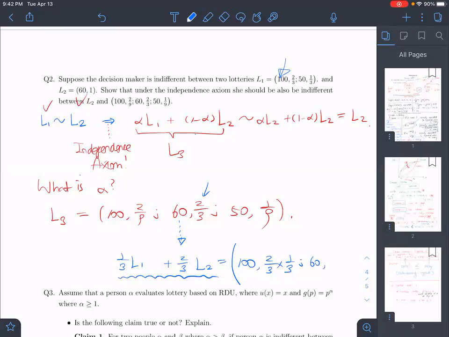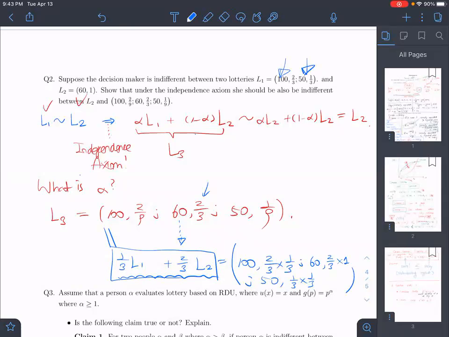This one should be 2/3 times 1, since I get 60 for sure if I get L2. And the outcome 50 only exists in the first lottery, L1, so it is 1/3 times the probability of getting the first lottery, which is 1/3. You can observe that L3 is the same as this mixture. So we found the ratio.